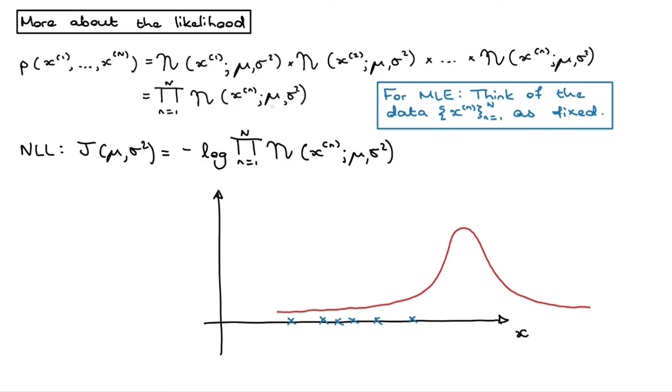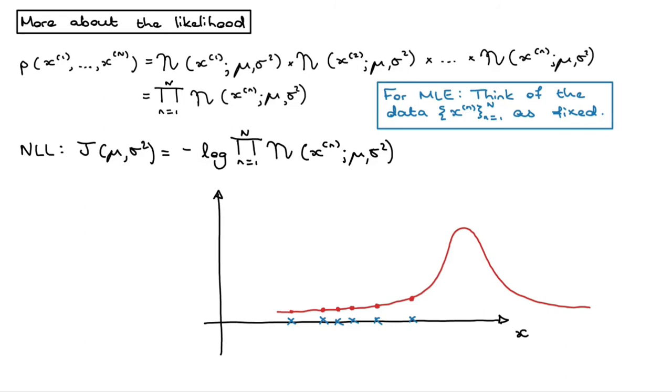Then the value of the likelihood will be the product of this number here, going up here, multiplying it with that number, that number, that number, that number, and that number. We're multiplying all of those together. That gives us, for this guess of mu and sigma squared, the likelihood. And we can calculate the negative log likelihood by taking the log of that number and taking the negative.